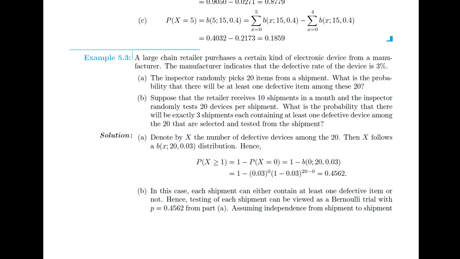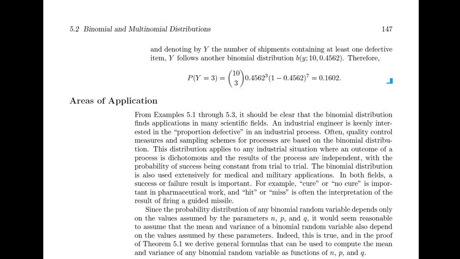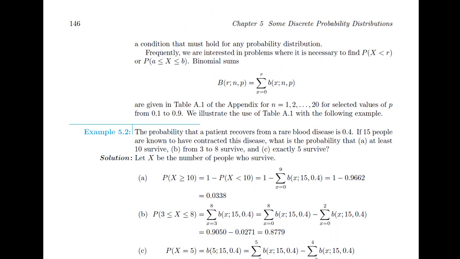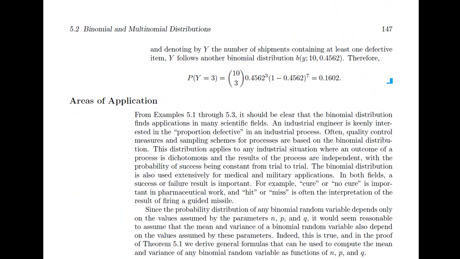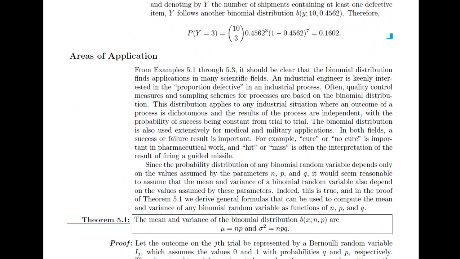Number B: in this case, each shipment can either contain at least one defective item or not. Hence, testing of each shipment can be viewed as a Bernoulli trial with p equal 0.4562 from part A, assuming independence from shipment to shipment, and denoting by Y the number of shipments containing at least one defective item.